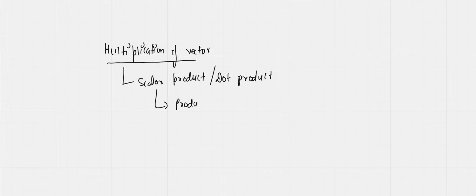Multiplication of vectors is of two types. One is scalar product, which is also known as a dot product. Scalar is because the product is scalar.